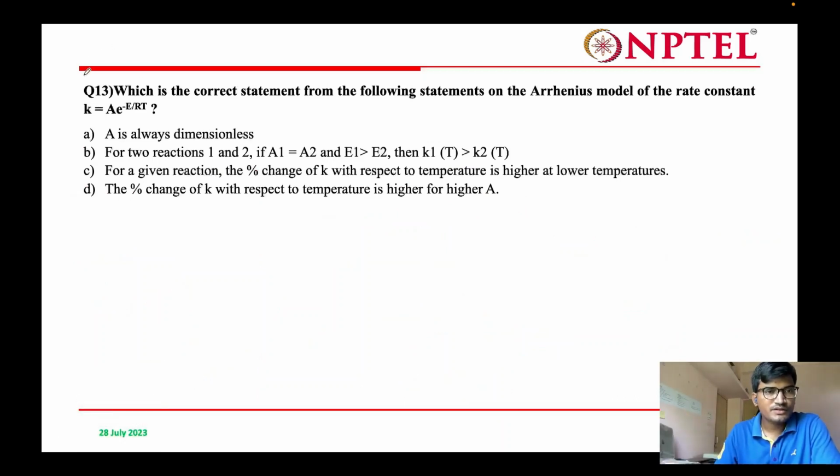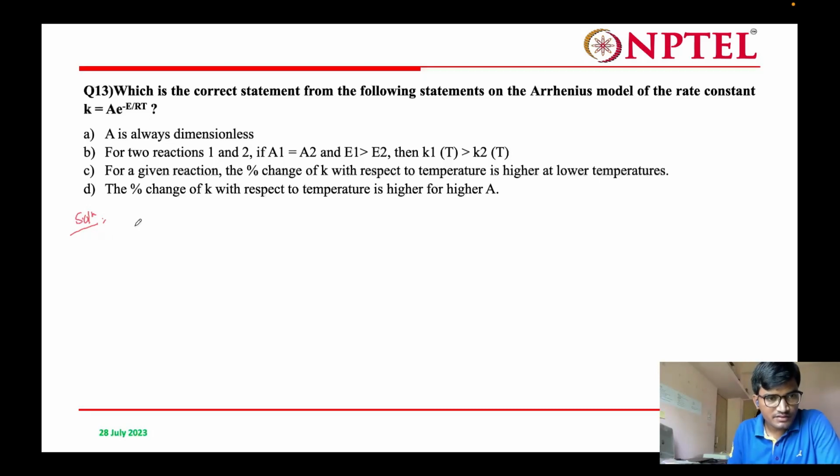Moving to the last question: which is the correct statement on the Arrhenius model of the rate constant, k equals A e to the power minus E by RT. Options are given. So first, let us check option by option.